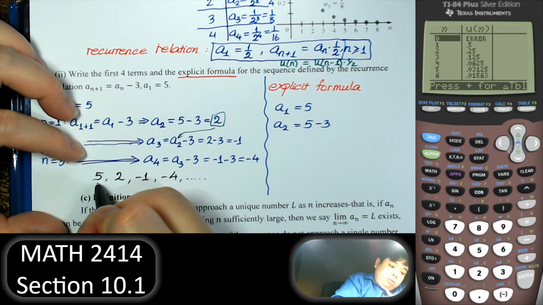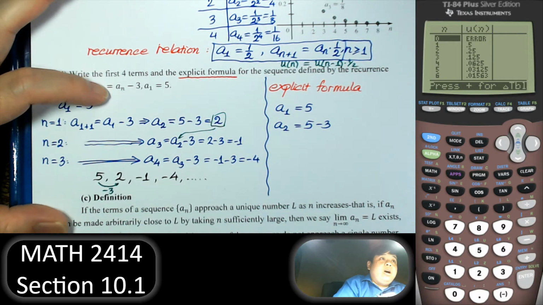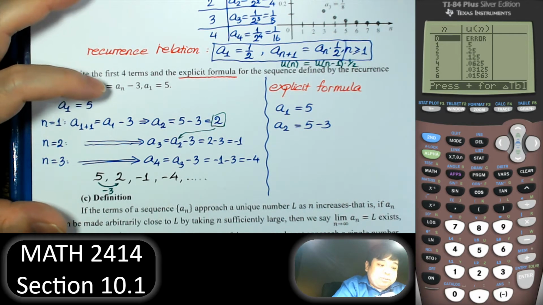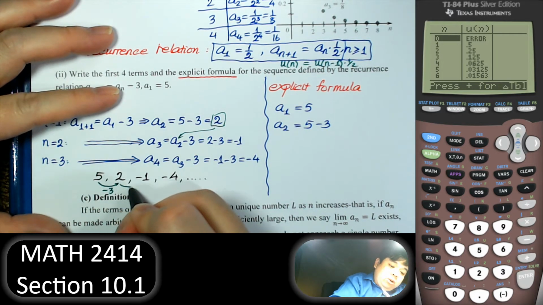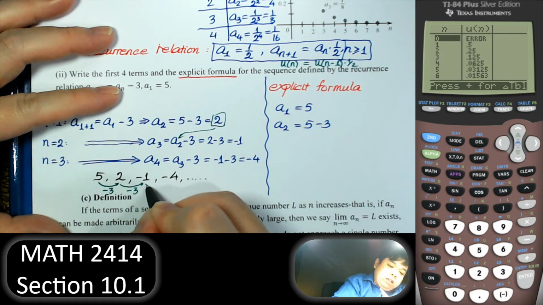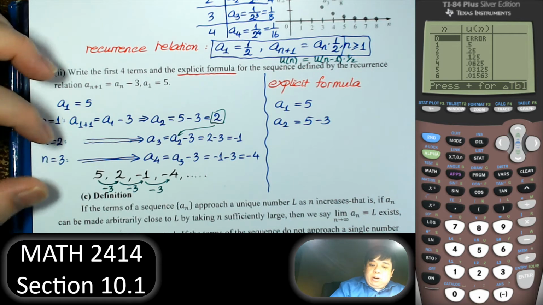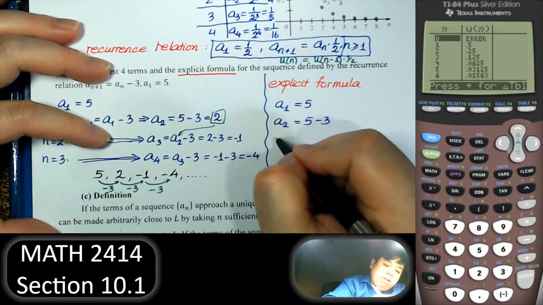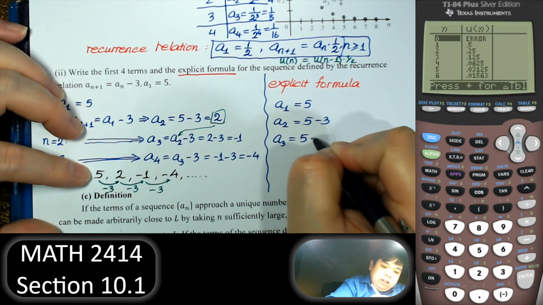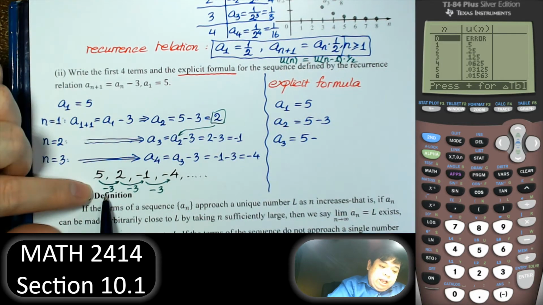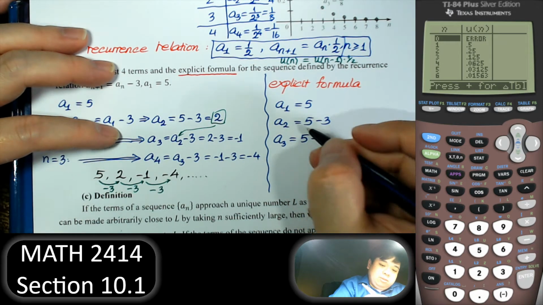From this term to the next, we subtract 3. That's the recurrence relation. So it's the previous term minus 3. And then to get to the next one, we subtract 3, and so on. So if this pattern develops, to get to a3, we're going to have 5 and we will have 2 of the -3, right?